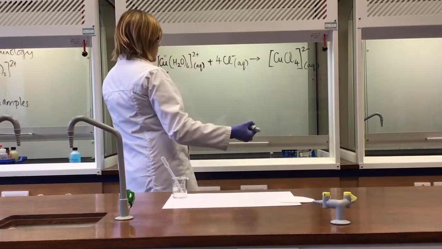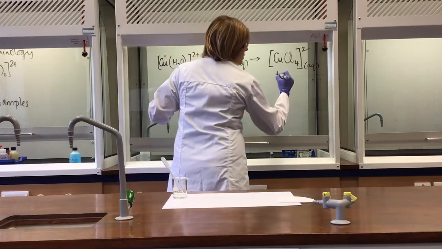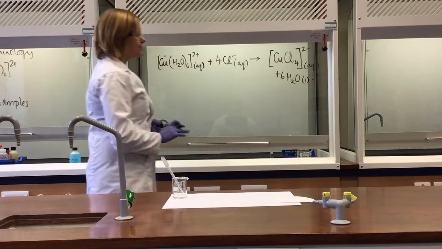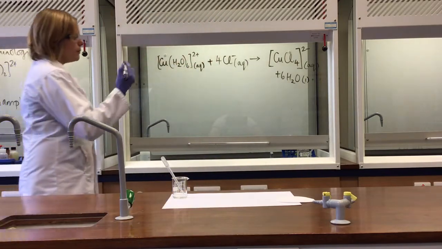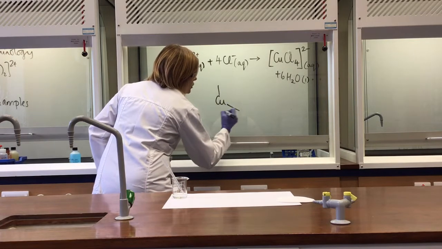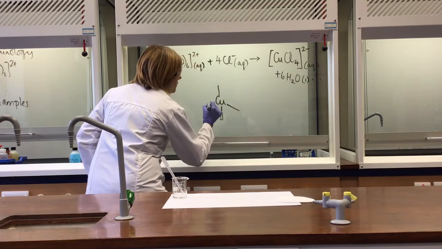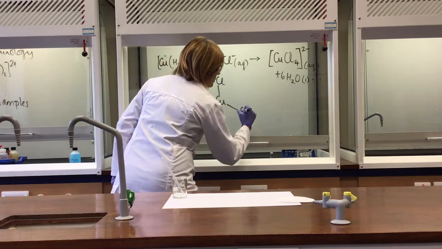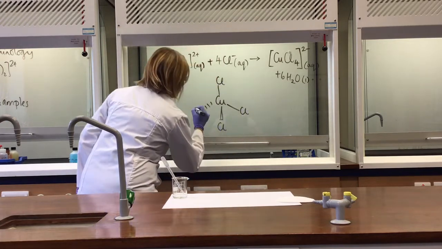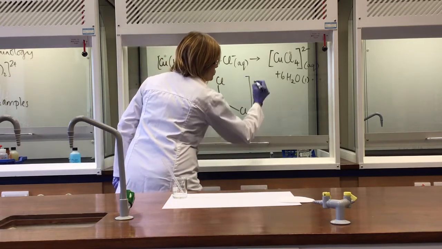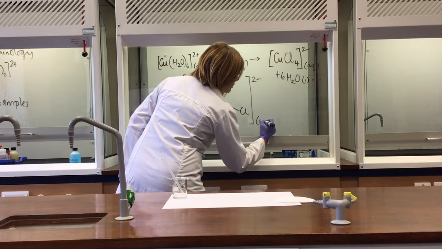And we need to balance that equation, so 6 waters need to go on this side of the equation like so. Now this time we've got Cu with 1, 2, 3, 4 bonds forming, so Cl on the end of each of these. Overall charge is 2- (aq).